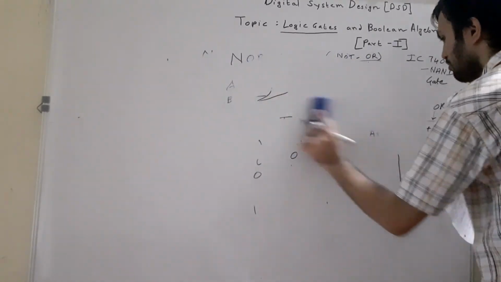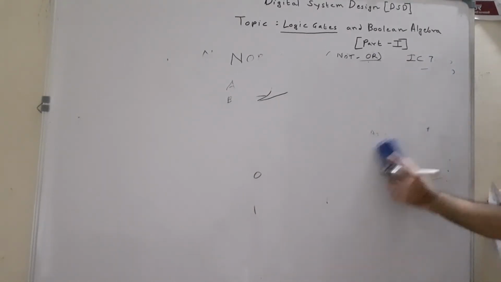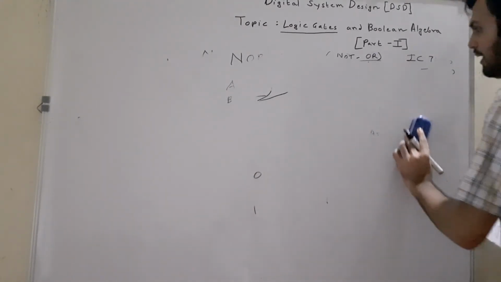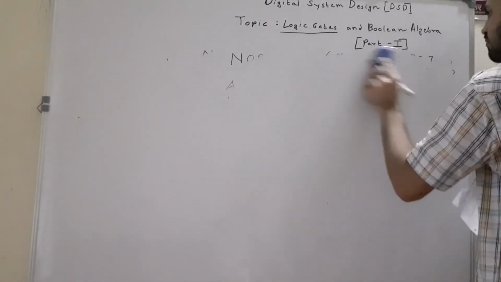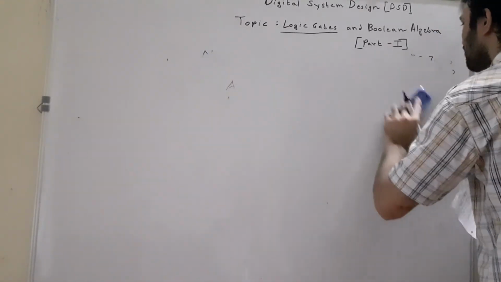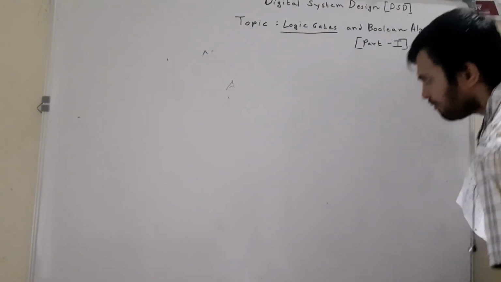Now we move on to study derived gates. In derived gates, there are two types, that is XOR gate and XNOR gate.